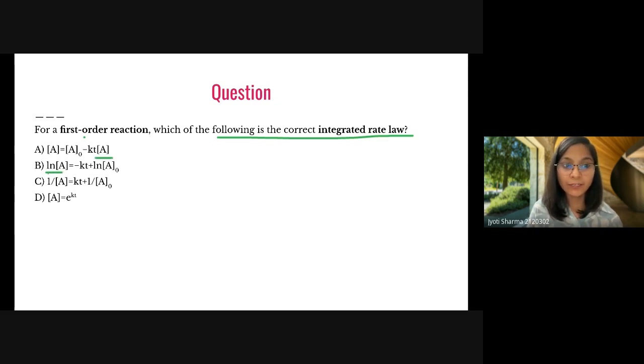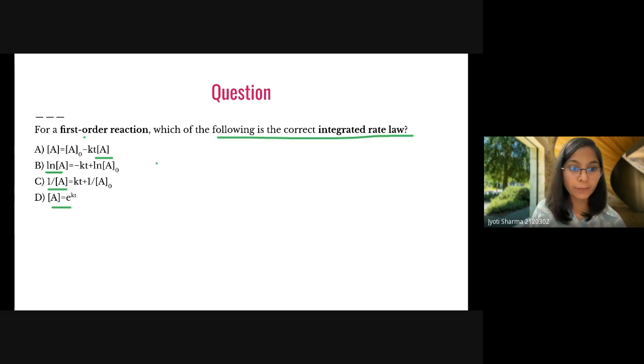Then here we have the natural log. Here we have 1 upon K, and here we have e raised to power Kt. What do you think? For the first order reaction, which of the following is the correct integrated rate law? Can you tell me the answer? You can write in the chat box.